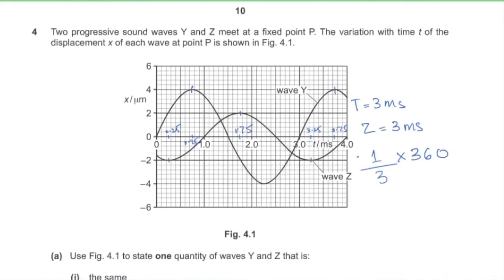If you had distance on the x-axis and displacement on the y-axis, you would have found the difference on the subsequent peaks of both the waves, and divide that by the wavelength of the wave and multiply that again by 360 degrees. So this is the only difference. They both are quite similar.